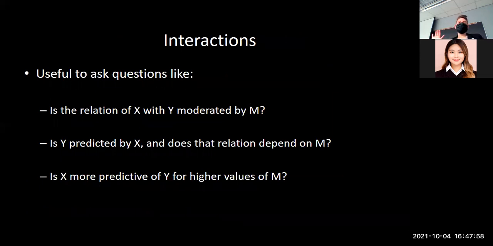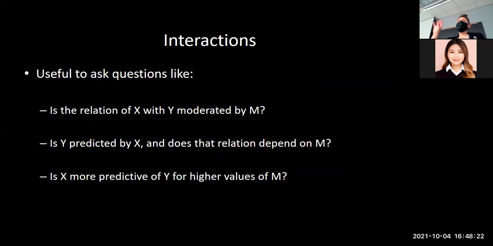So what are interactions? They are useful when you have research questions like these. Is the relation of x with y moderated by m? Is y predicted by x, and does that relation depend on m? Is x more predictive of y for higher values of m?